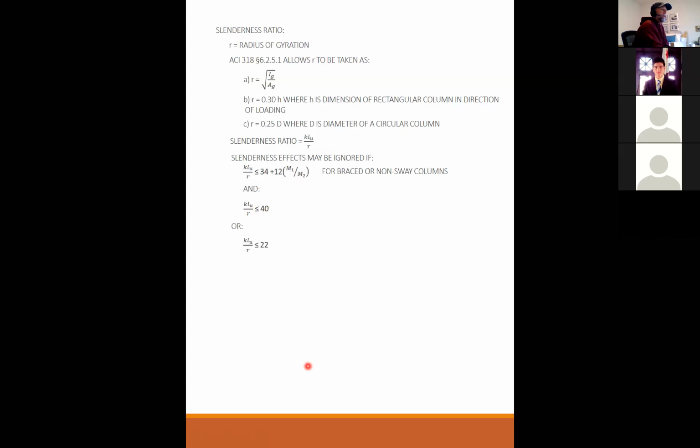Or if KL over r is less than 22 for an unbraced or sway column. So the restriction on when you can ignore slenderness is much, much tighter for unbraced columns. M1 is the smaller end moment, M2 is the larger end moment. Here's what we're talking about.